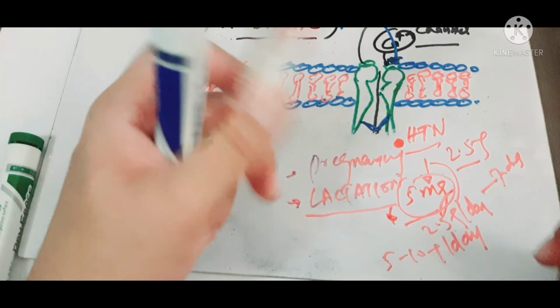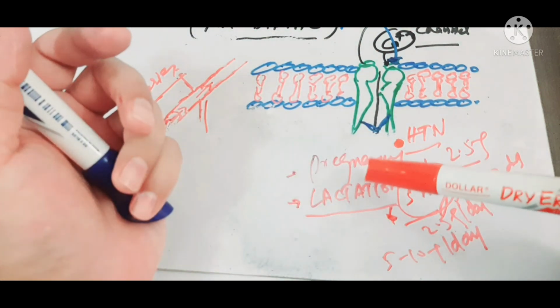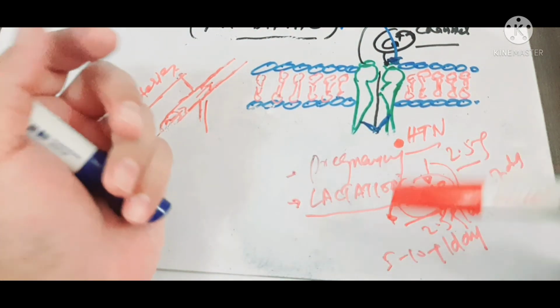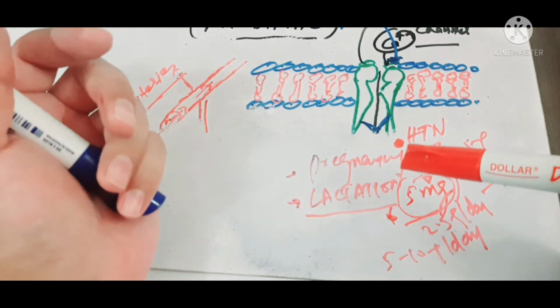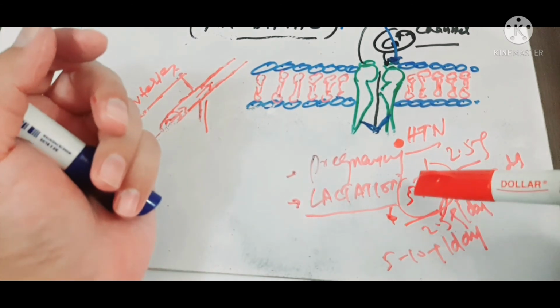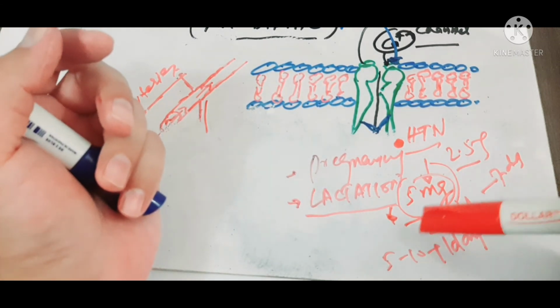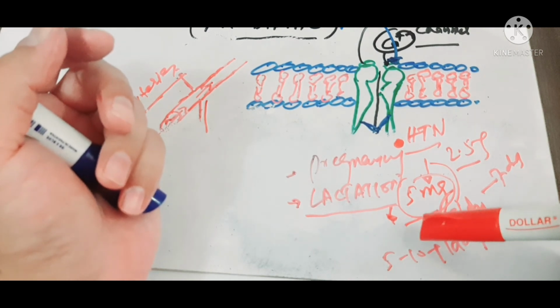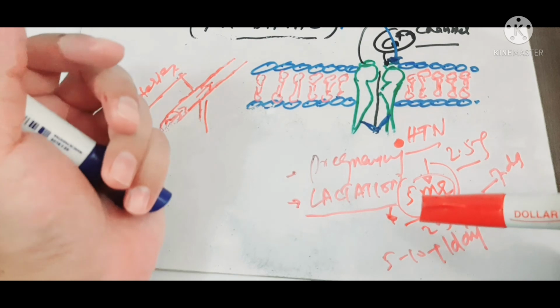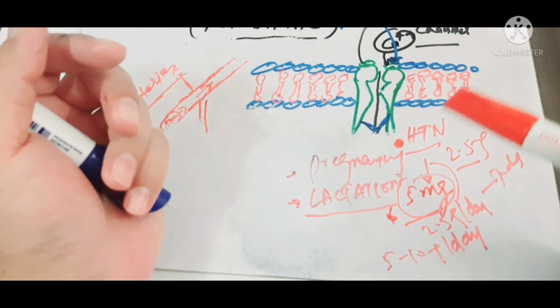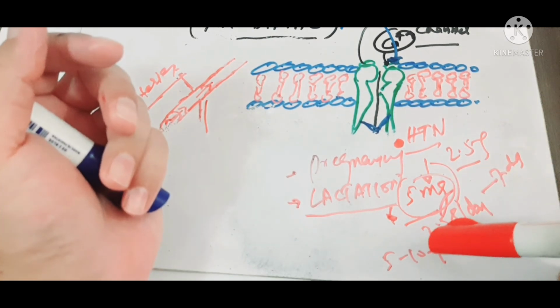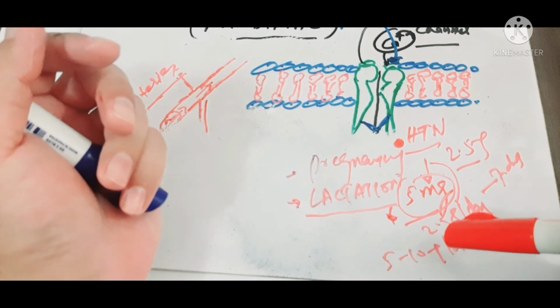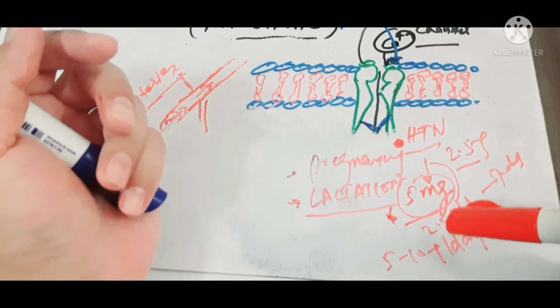Sometimes we cannot reach the target goal with one medication, then we combine other classes of medications, or we increase the dose of this medication, but the maximum limit is 10 milligram per day. We should not increase this medication above 10 milligram. If the patient's blood pressure is not controlled even with 10 milligram per day, then we combine it with another medication.